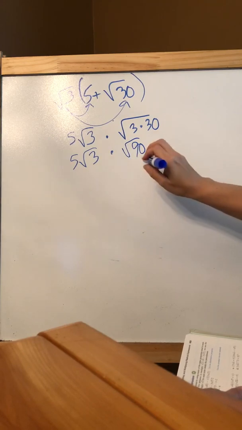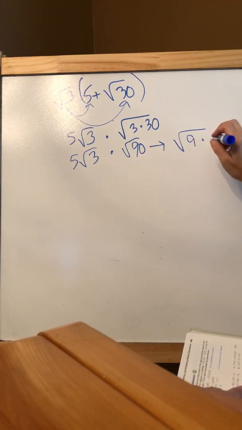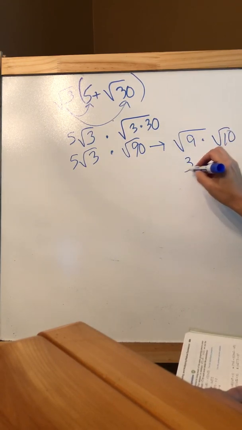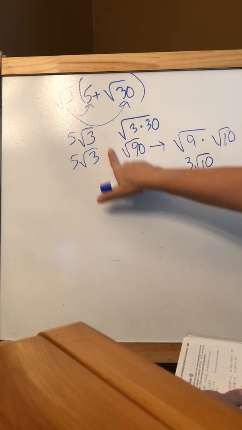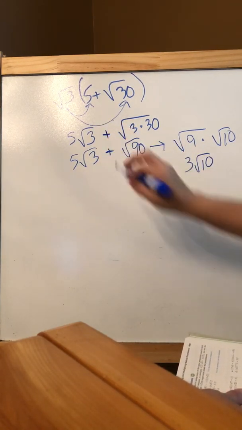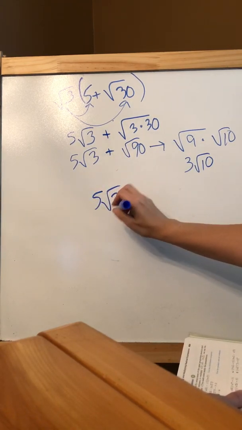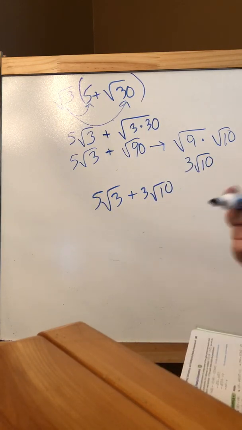This can be simplified into the square root of 9 times the square root of 10. What is the square root of 9? That's 3. So we would have 3 times the square root of 10. Oh, sorry, this is a plus sign here. So now we have 5 times the square root of 3 plus 3 times the square root of 10, and that's as far as you can go.